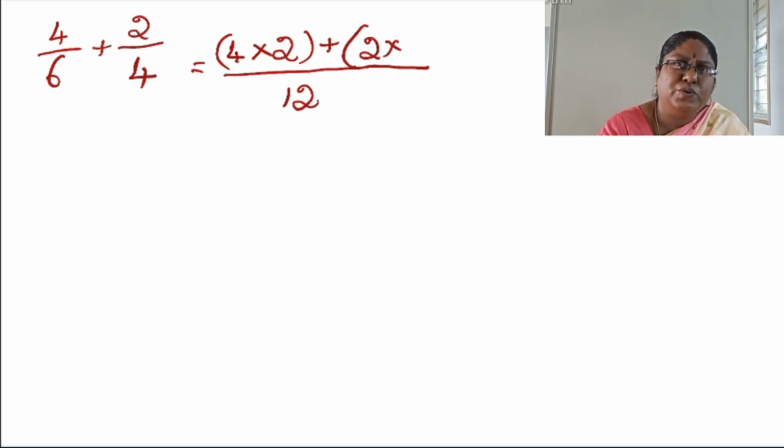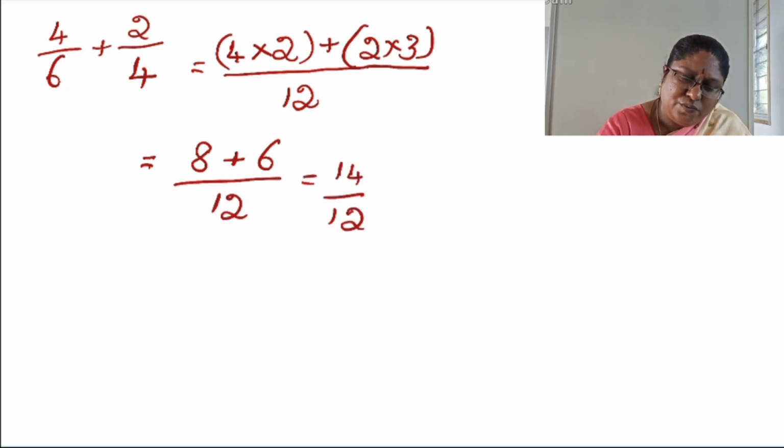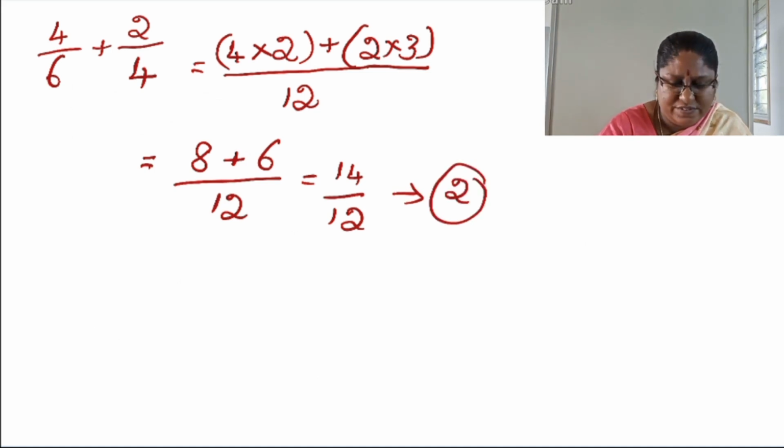So above also 2 into 3. Now 4 2s are 8, plus 2 3s are 6, by 12. So what's it? 14 by 12. Now the first equation has the same value, the second equation also the same. So 1 is equal to 2.